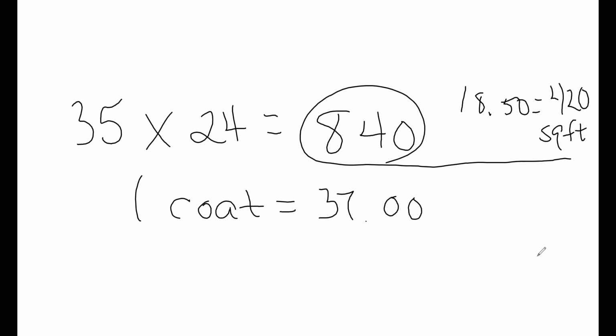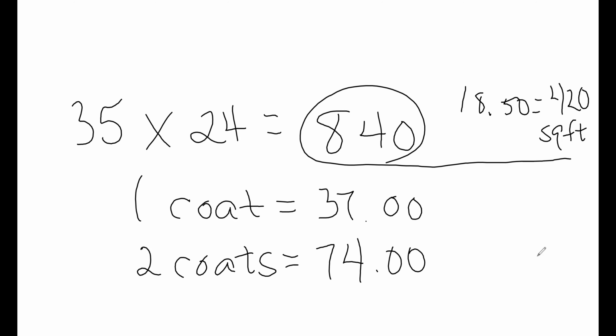So just doing that is going to take the $37, but the question is asking you about 2 coats. So once you figure out that the one coat is going to cost $37, 2 coats is going to be doubling that to $74. So the answer is actually going to be D.